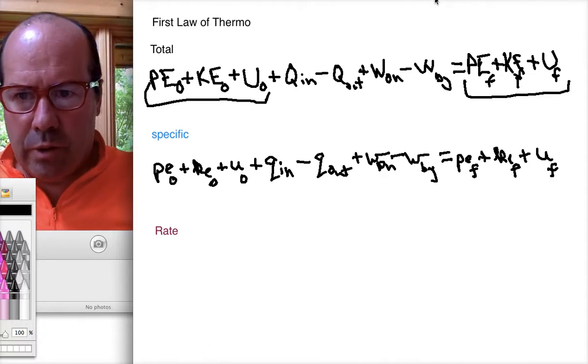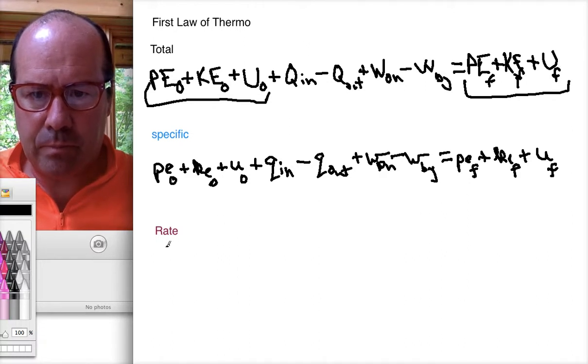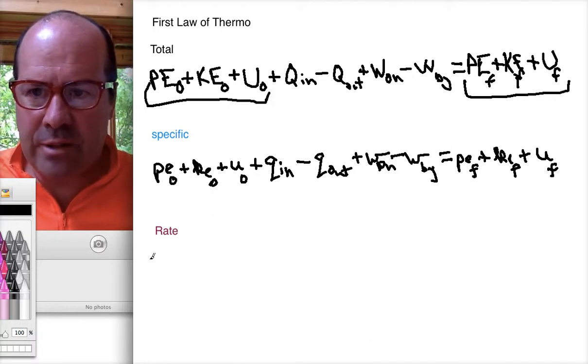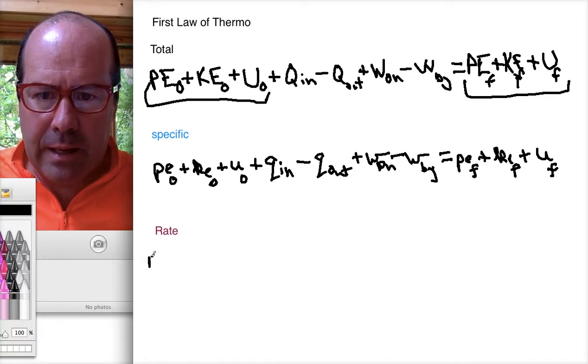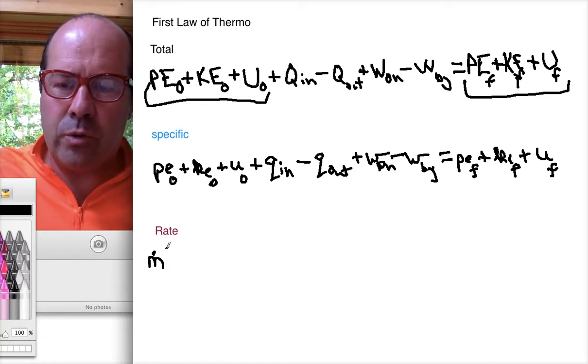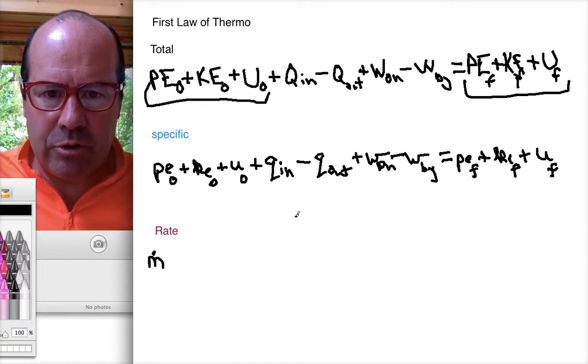And then with rate, what we do is we say, well, we have something flowing. And when we have something flowing, it has mass flow rate. And it flows into a system. Let me just draw a little system here.